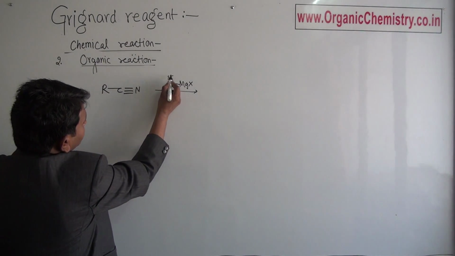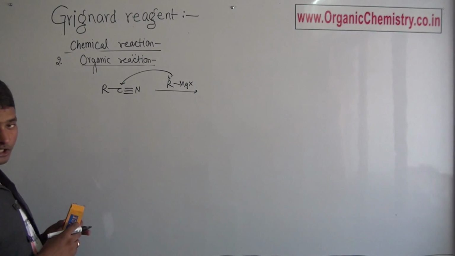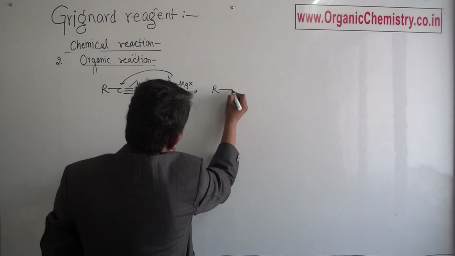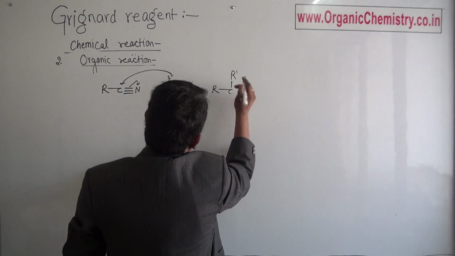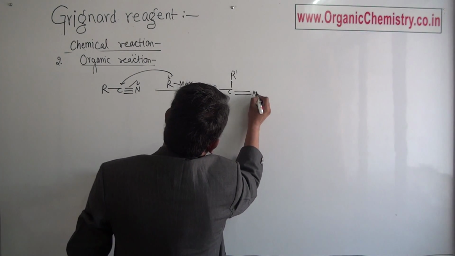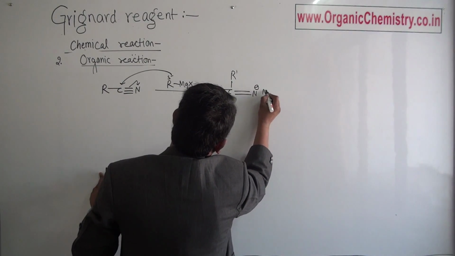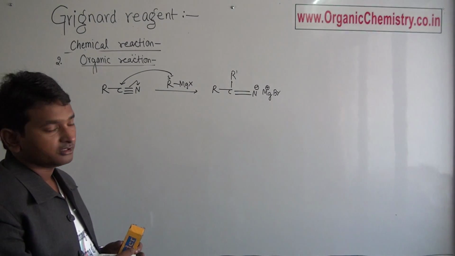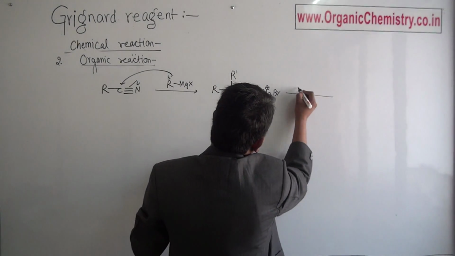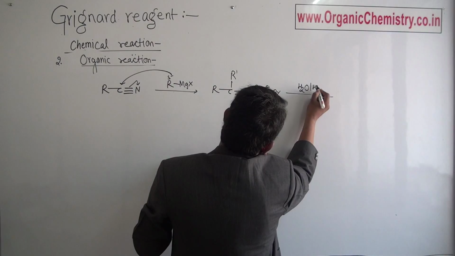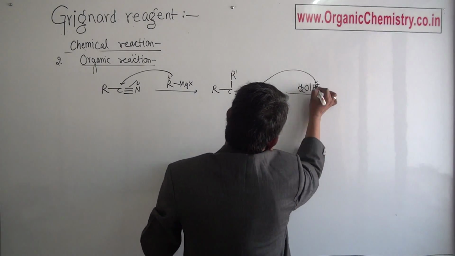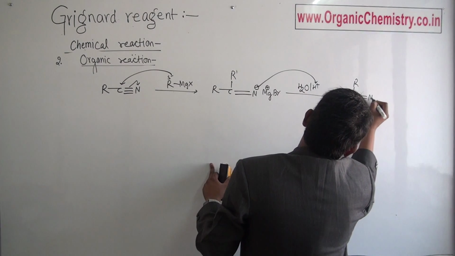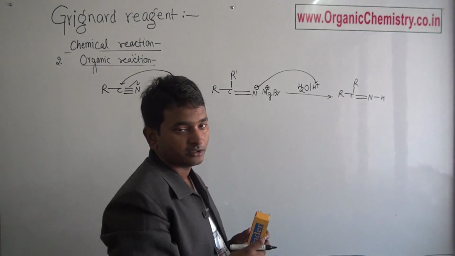So this RMgX may attack over this carbon, breaks this pi bond to give R, C, R double bond N negative, MgBr plus. Again, when water is added, this negative part abstracts a proton to give RCR double bond NH.